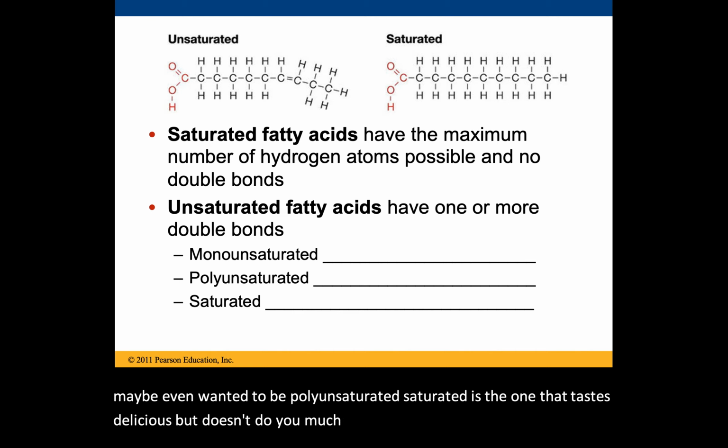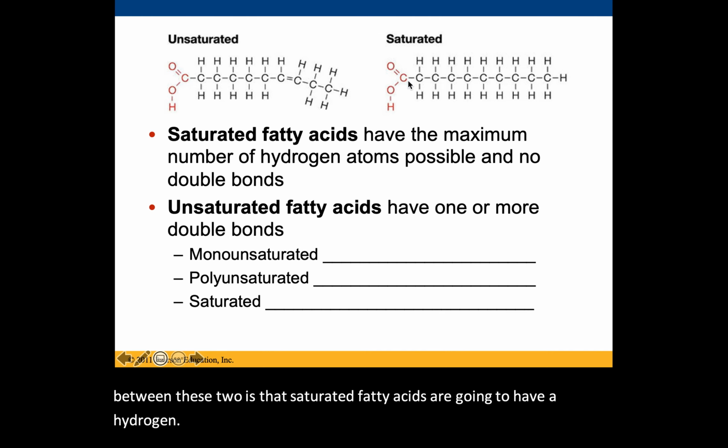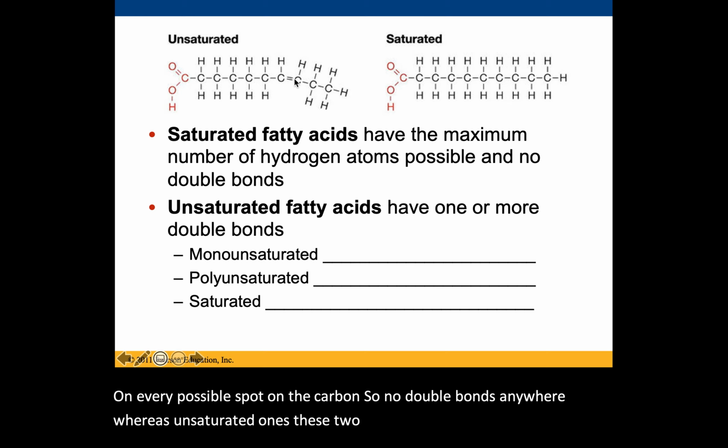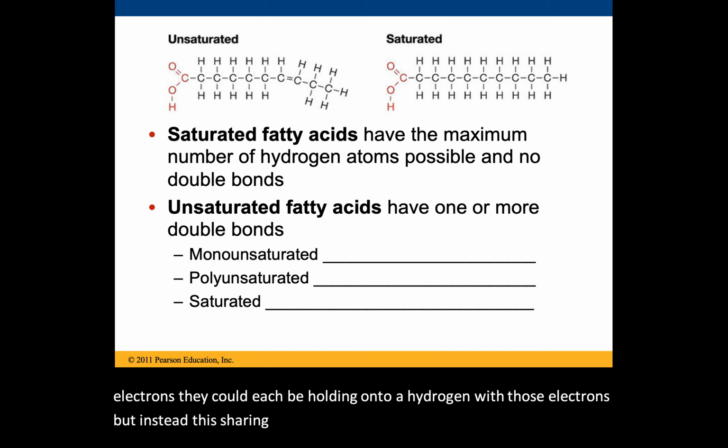So the difference between these two is that saturated fatty acids are going to have a hydrogen on every possible spot on the carbon, so no double bonds anywhere. Whereas with unsaturated ones, these two guys could be, instead of sharing electrons, they could each be holding on to a hydrogen. But instead, they're sharing. So, all right, great.